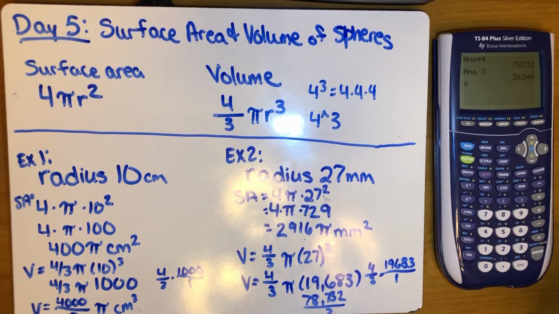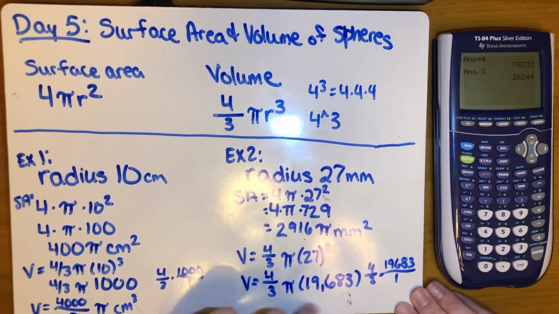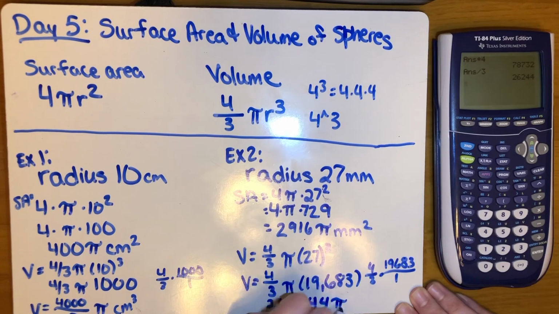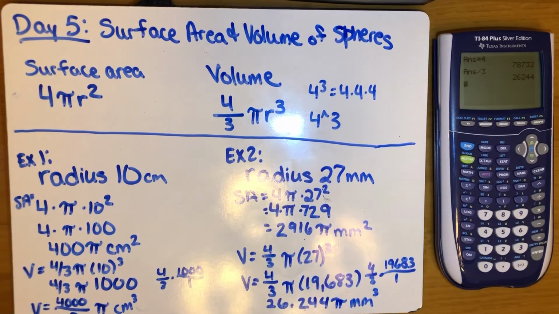If it does divide by 3 evenly, then that's the number we're going to use for our answer. So that is 26,244 pi millimeters to the third. Just check your answer at the end once you multiply your fractions. Make sure that it doesn't reduce by evenly dividing by 3, and that will give you your answer for that.